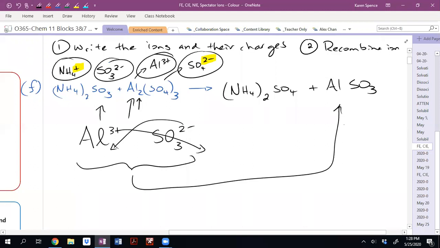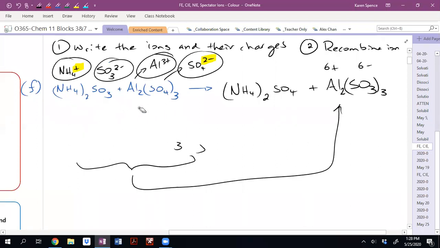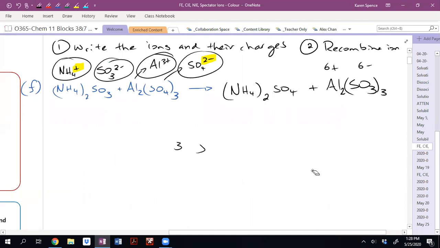That's going to give me a 6+ charge and a 6- charge, a neutral compound. So always make sure you've written the correct formula, not what you think it would just be because it was easy.